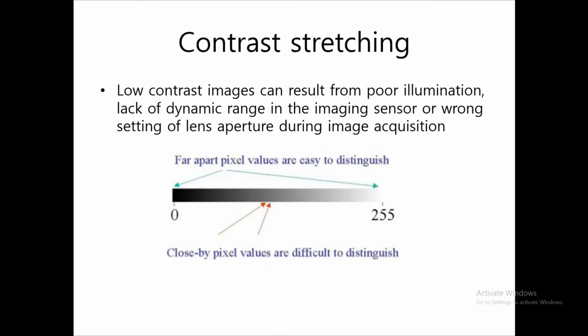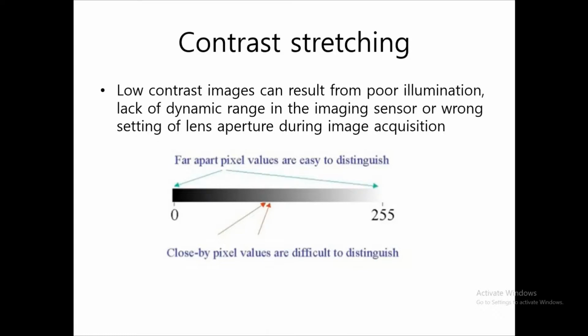In many cases, due to poor illumination, the lack of dynamic range in the imaging sensor, or even the wrong setting of the lens during image acquisition, an image may have low contrast, or the pixel values may lie within just a small range of the pixel range.